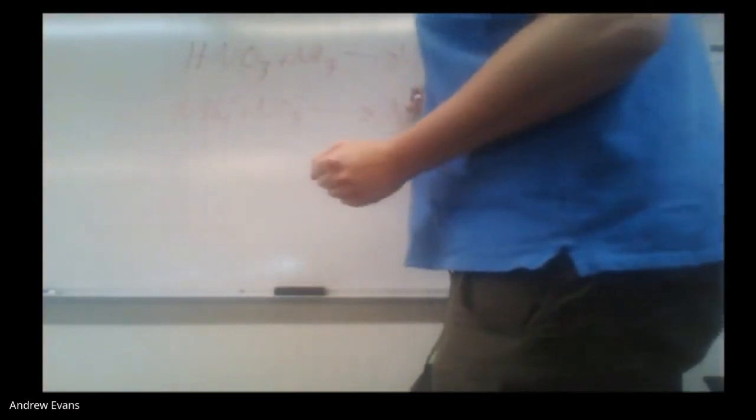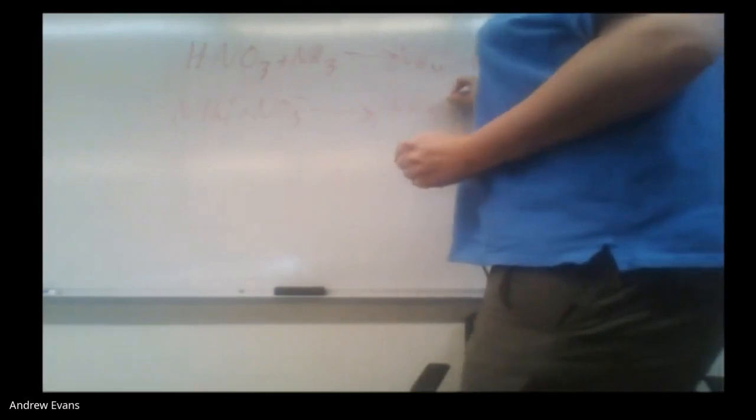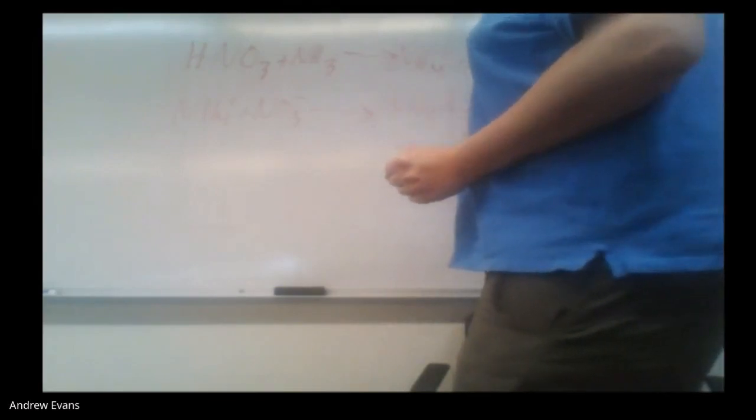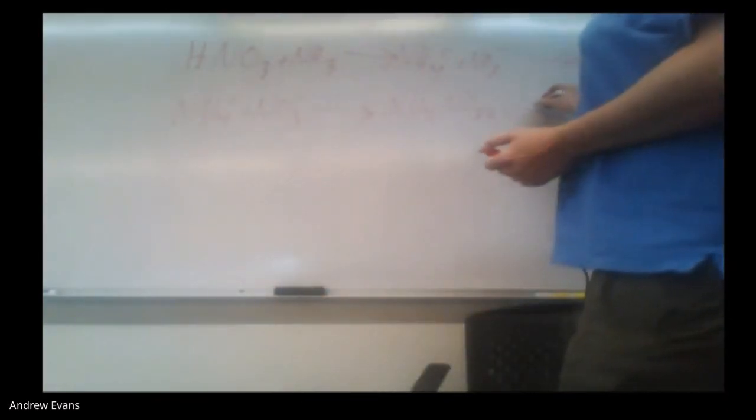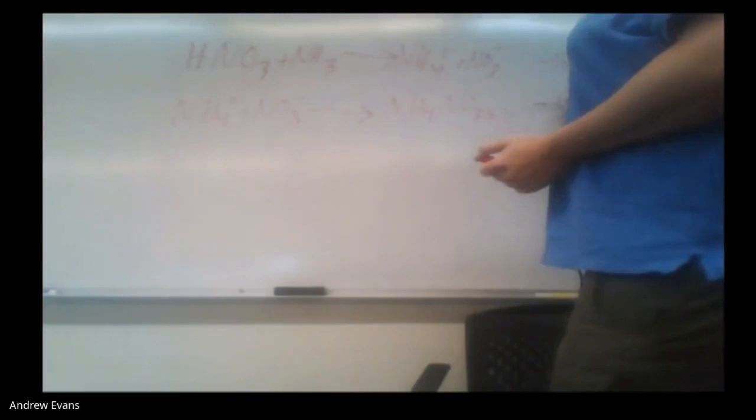The other one, we have NH4+ and NO3- gives you NH4NO3 solid. Because we reversed it, the positive 25.7 becomes negative 25.7 kilojoules.